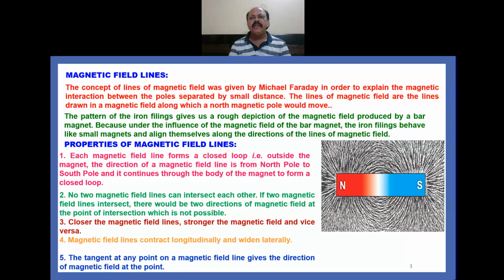If the lines are not close, they are far away, then the magnetic field is weak. Fourth property: magnetic field lines contract longitudinally and widen laterally. Fifth property: a tangent drawn at any point on a magnetic field line gives the direction of the magnetic field at that point. So these properties are similar to what you have learned for electric field lines in the first unit.